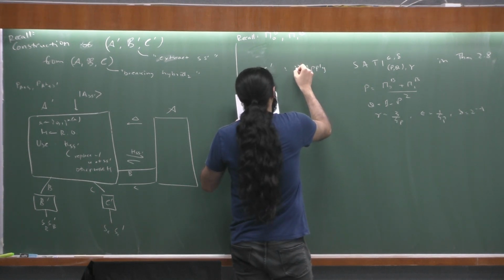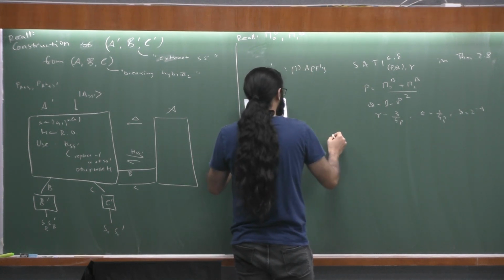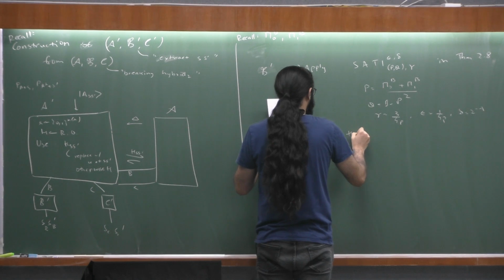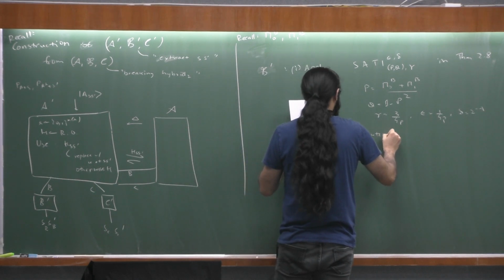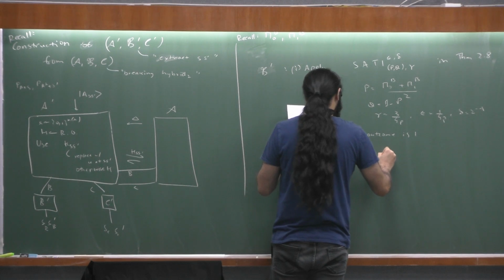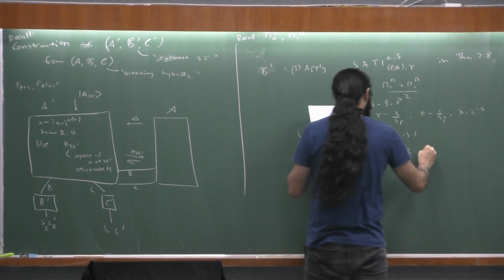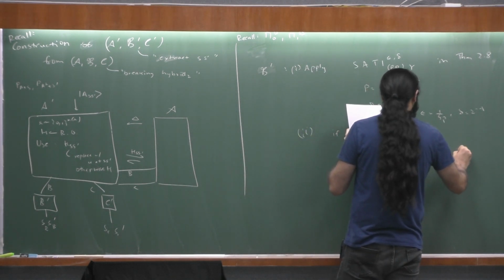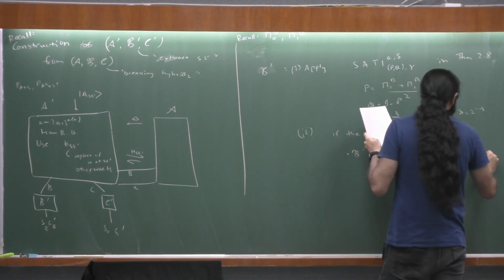Okay, but the crucial point was that after this, if the outcome is 1, B prime is now going to run B with H at S, S prime picked at random.